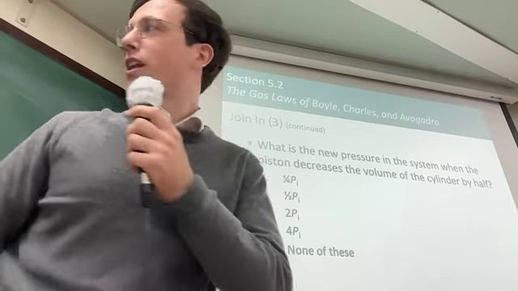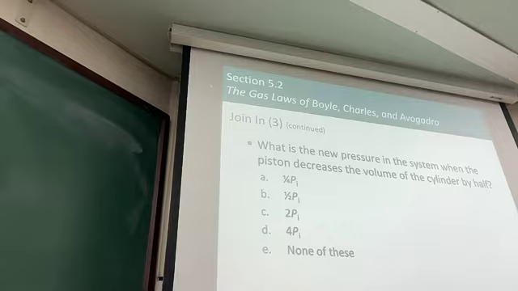And now we can actually go ahead and write all these rules down one more time. So, pressure times volume is a constant. The volume is proportional to the temperature. And also the particle number is proportional to the volume.